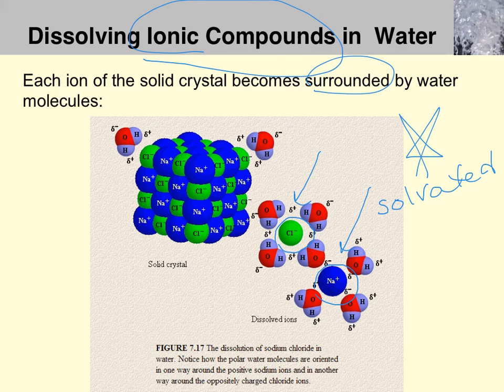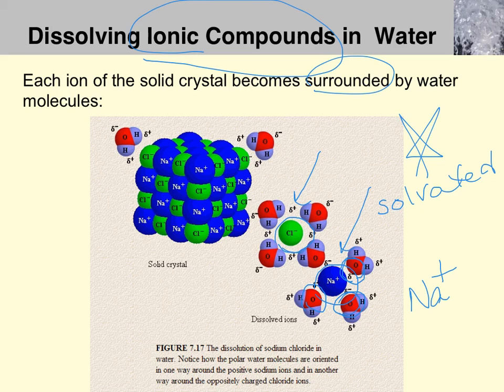Take a look now at the sodium cation. See how the water molecules are oriented around the cation. They're oriented so the oxygen end of the water molecule, which is more electronegative than the hydrogens, is facing the cation, okay? So that's what's stabilizing.